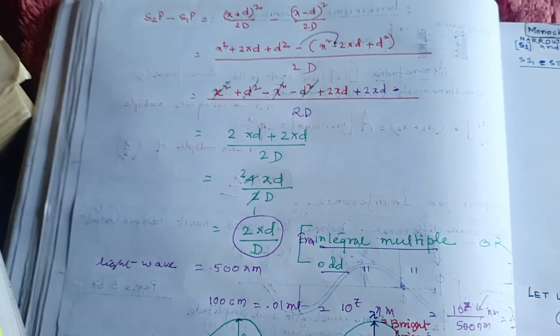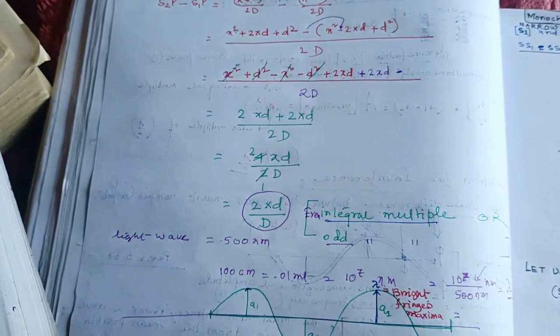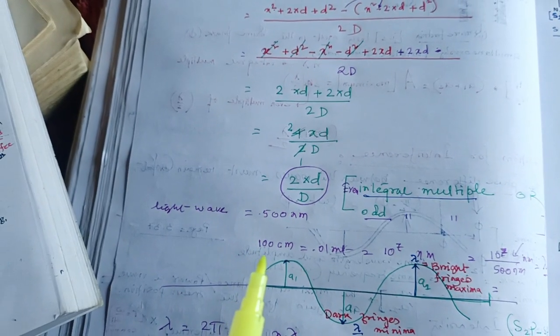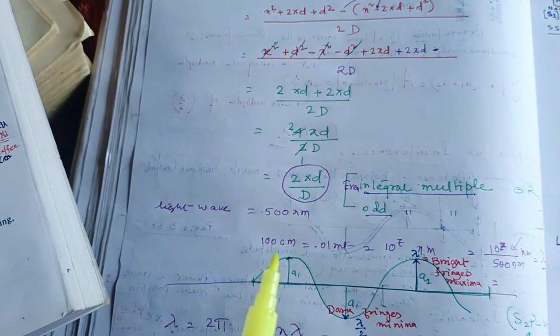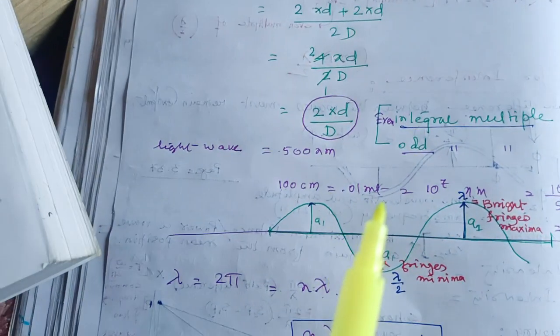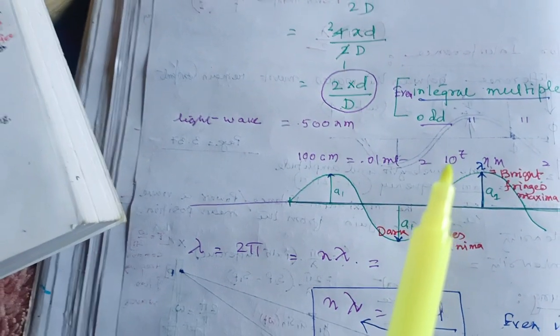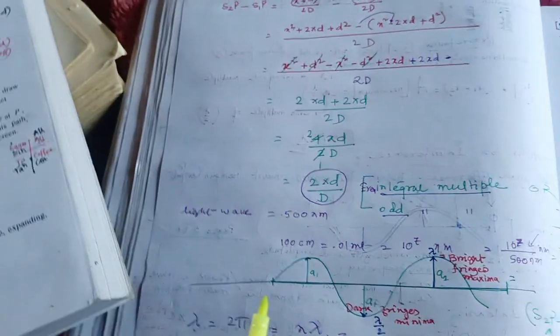Suppose this wave is of 100 centimeter, because the path is fixed by you, and then 100 centimeter is 0.01 meter, and then it is 10 to the 7 nanometers. So these two lines may be approximately in that.